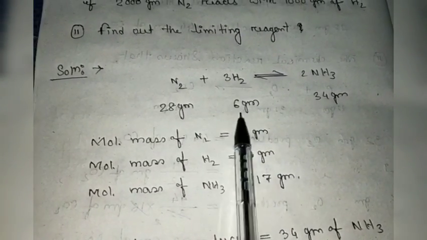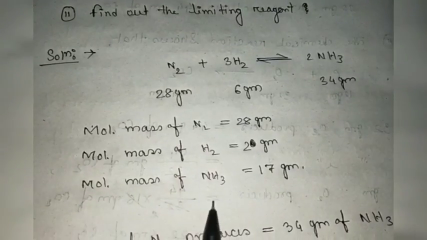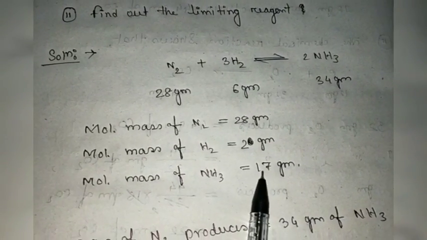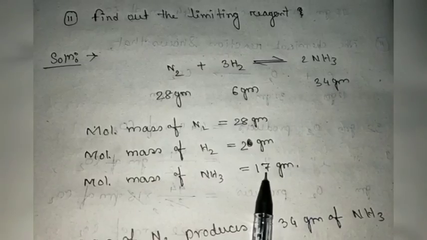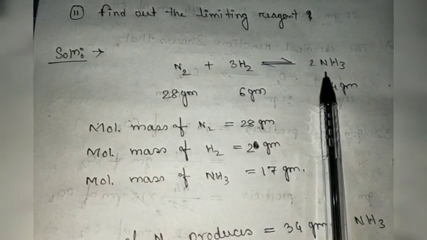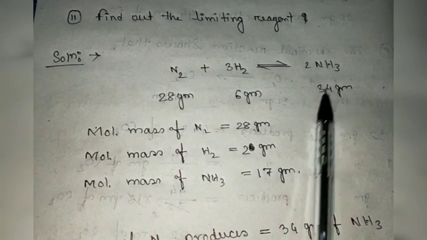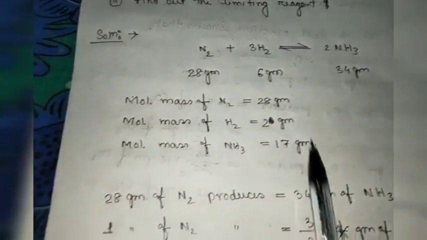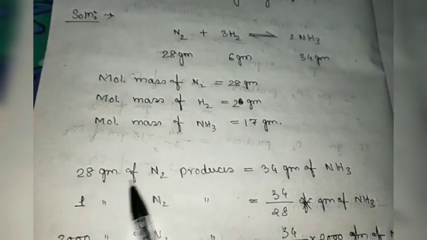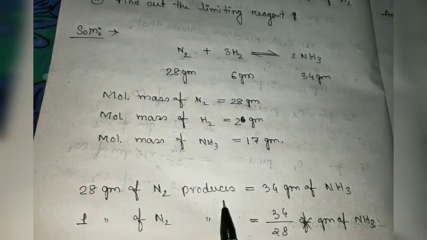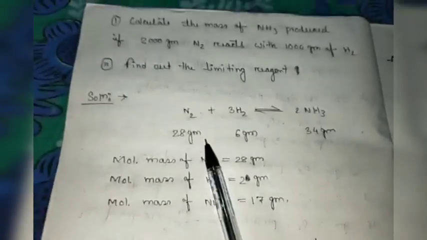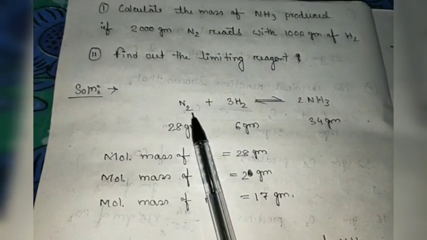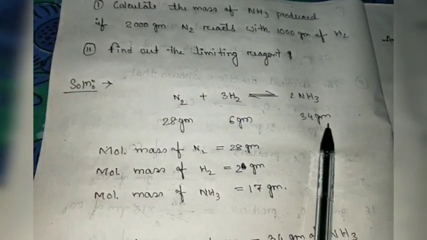The molar mass of ammonia is 14 plus 3, 17 gram, and for 2 moles of ammonia, 2 into 17 is 34 gram. So according to the unitary method, 28 gram of nitrogen produces 34 gram of ammonia.